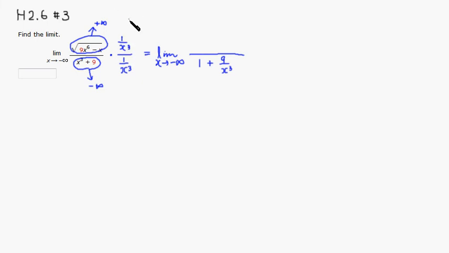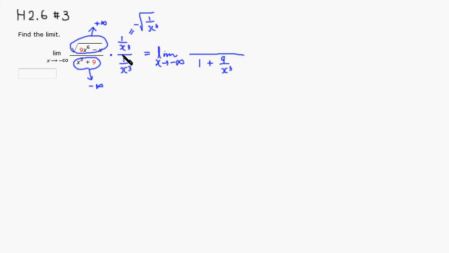So we want to rewrite it using a square root. You have the square root of 1 over x to the 6th power, but you have to be careful with the sign. This is definitely a positive value, but 1 over x cubed we know is a negative value, so the sign is off, and we have to put a negative sign here.